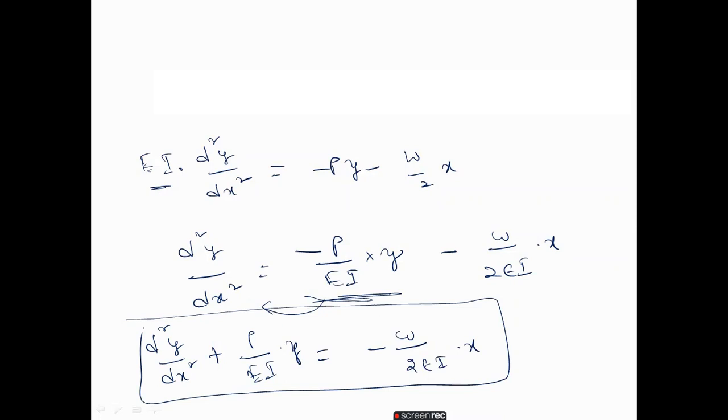If you observe here, now we have to write the solution for this equation. Many times in the previous classes and lectures, we calculated that already. I will write the solution for this differential equation.